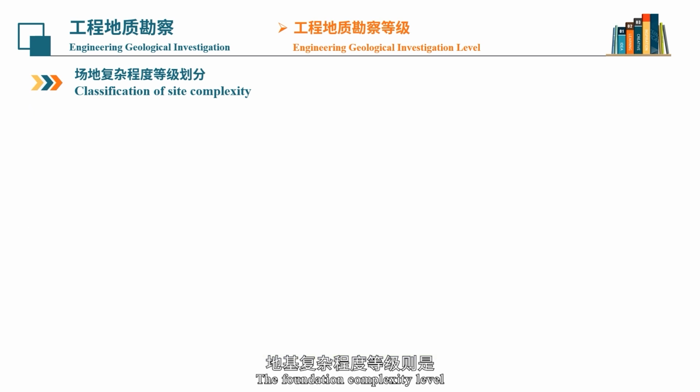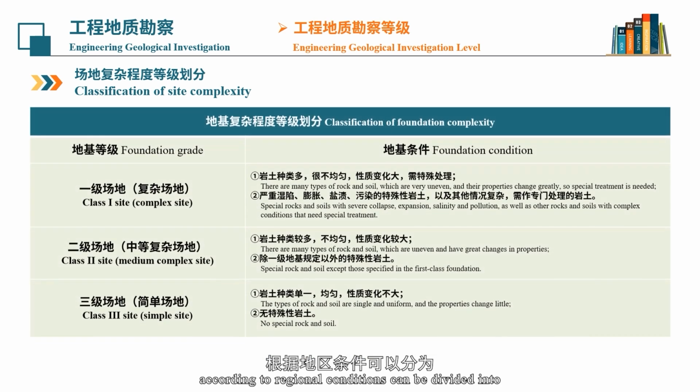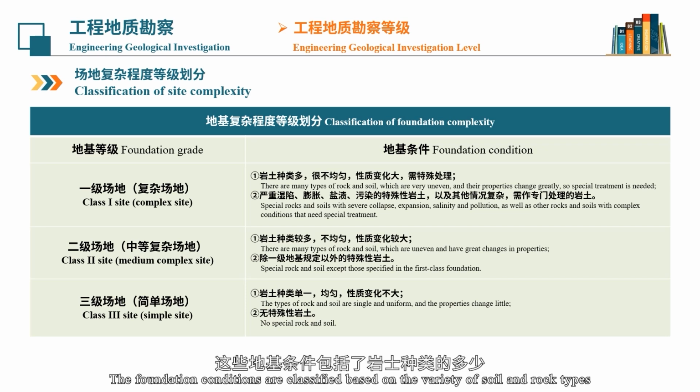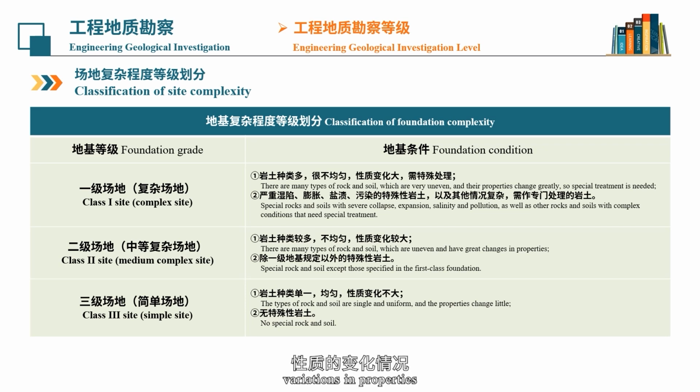The foundation complexity level, according to regional conditions, can be divided into grade 1 foundation, complex foundation, grade 2 foundation, medium complex foundation, grade 3 foundation, simple foundation. The three levels. The foundation conditions are classified based on the variety of soil and rock types, uniformity, variations in properties, and the presence of any special soils and rocks, etc.